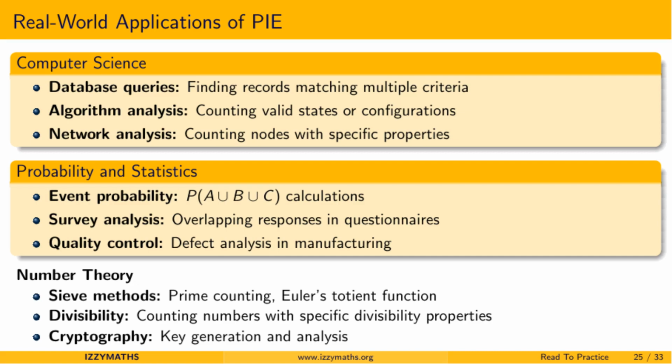In probability and statistics, PIE helps calculate event probabilities like P of A union B union C, analyze survey data with overlapping responses, and perform quality control with defect analysis in manufacturing. In number theory, it's fundamental for sieve methods including prime counting and Euler's totient function, divisibility problems for counting numbers with specific properties, and cryptography applications in key generation and analysis.